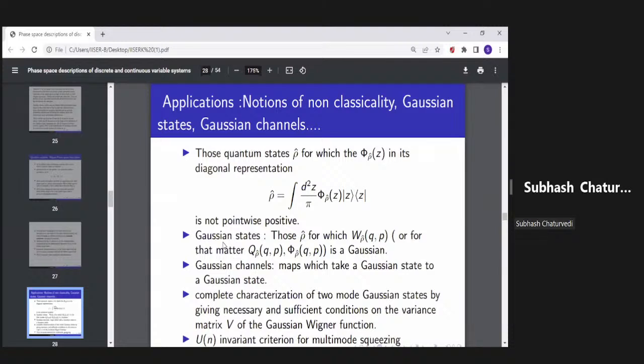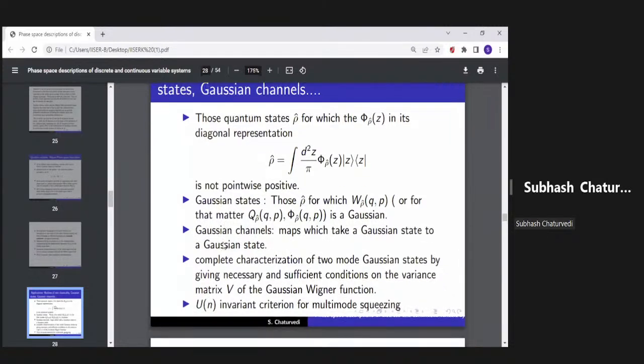Then we have the notion of Gaussian channels. Those channels, those operations on rho hat, which take a Gaussian state to a Gaussian state.